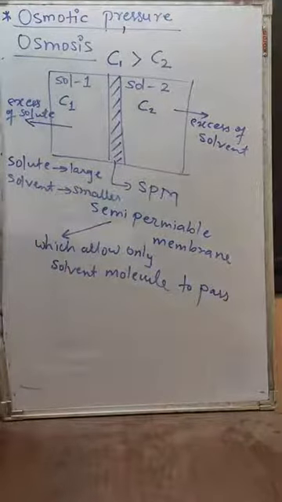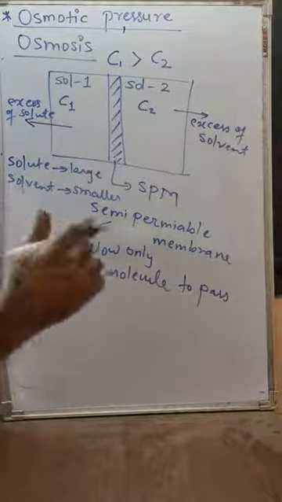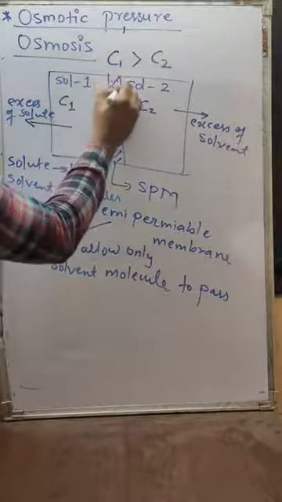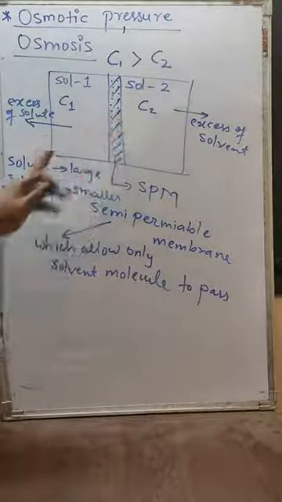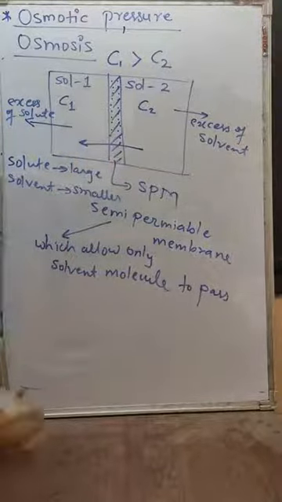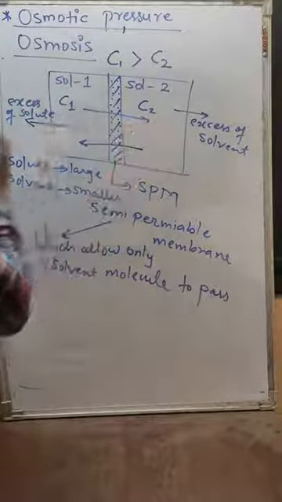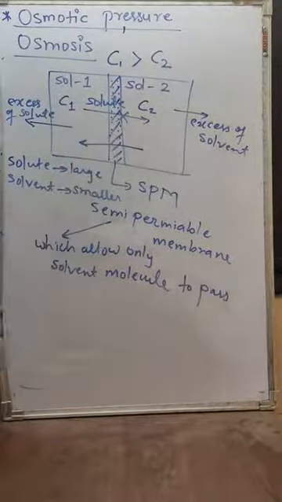So what happened here? In case of osmosis, this membrane which we used has very fine, small holes, so it allows only solvent molecules to pass, but it does not allow solid molecules.